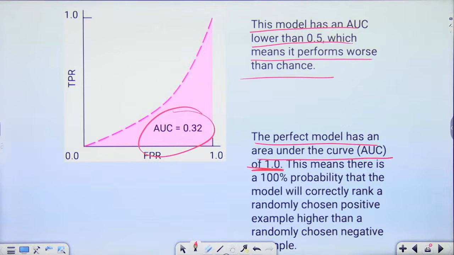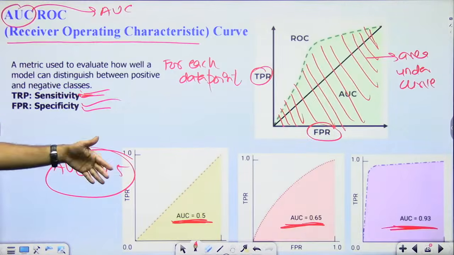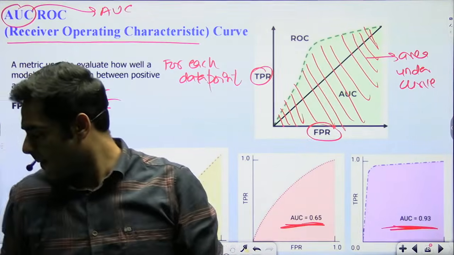So you just draw all these cases. Okay, please draw these cases. I'll just wait for a minute.